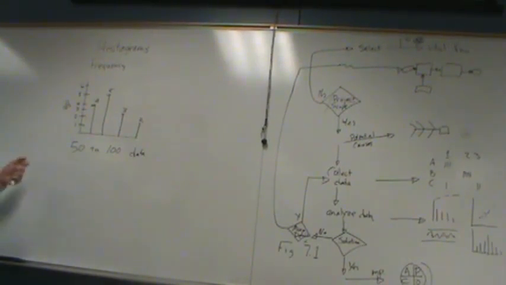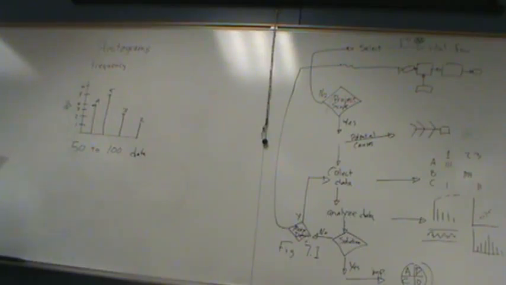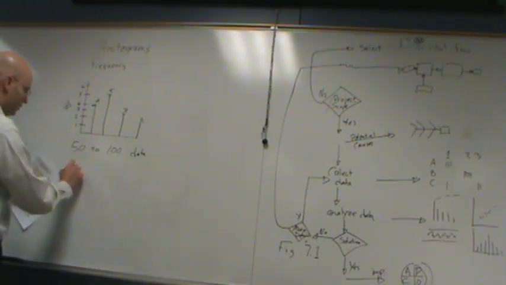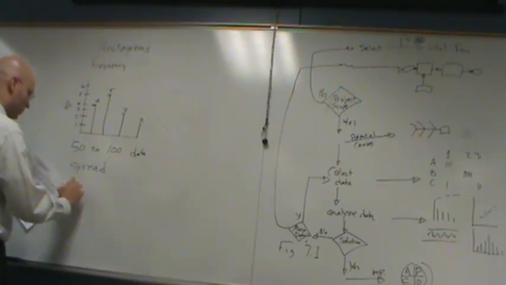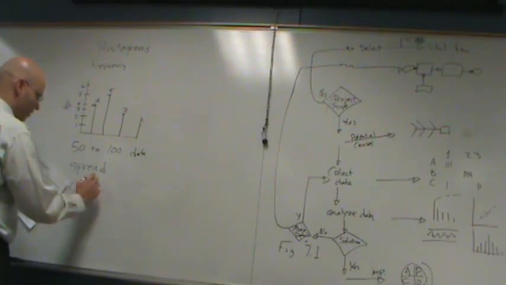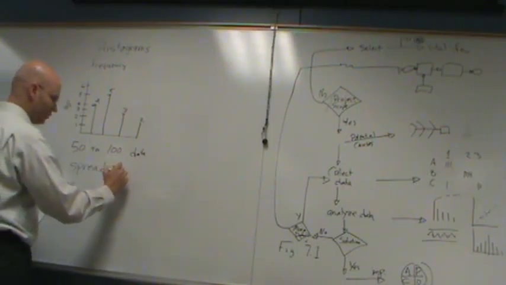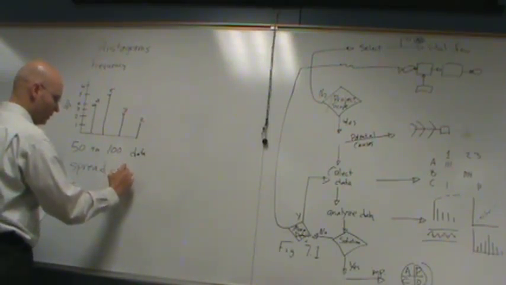All right, so the idea of a histogram is that it helps us look at, you remember these terms, the spread about the central tendency or spread about the mean.